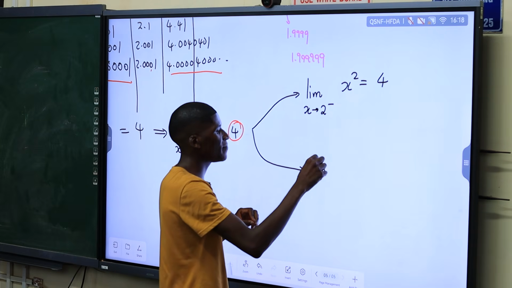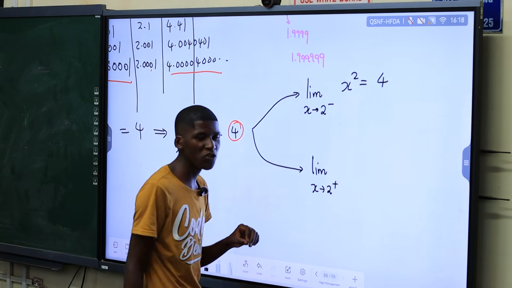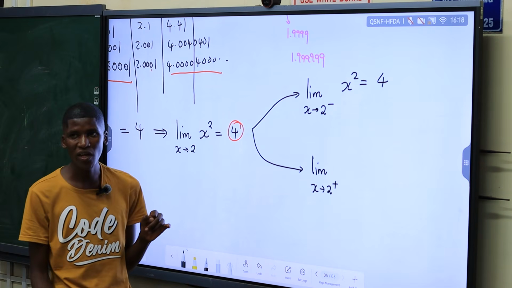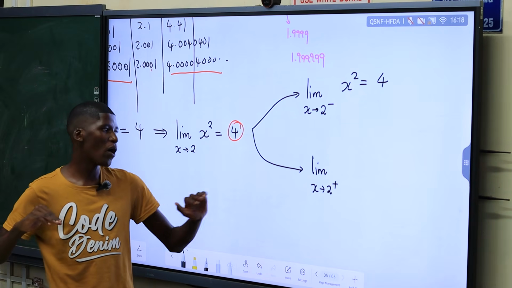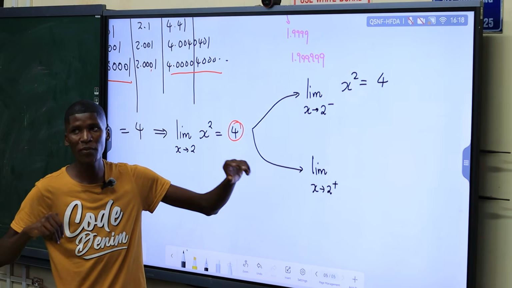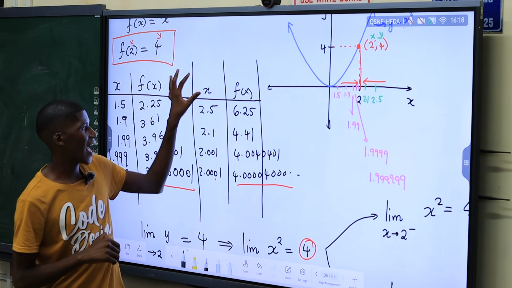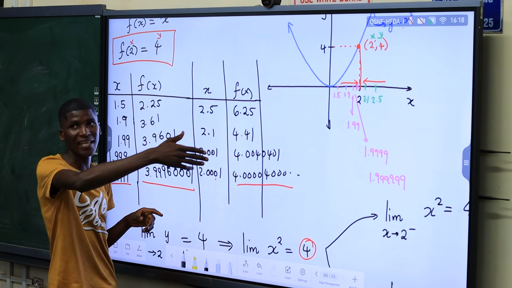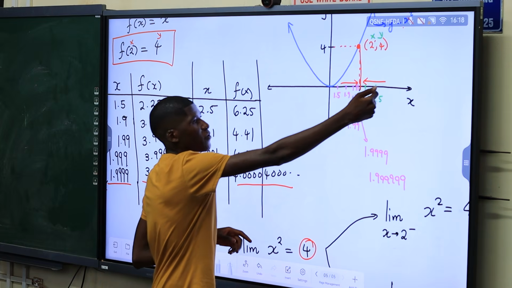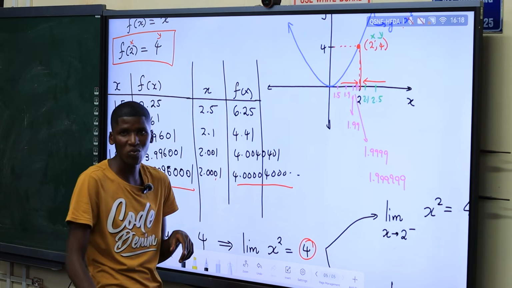If I do the limit as x approaches 2 from the right, I'm going to put a positive on top of the 2. So this plus is telling us that we are approaching 2 on the x-axis from the right. In the second scenario, we were approaching 2 from the values that are bigger than 2, towards 2.